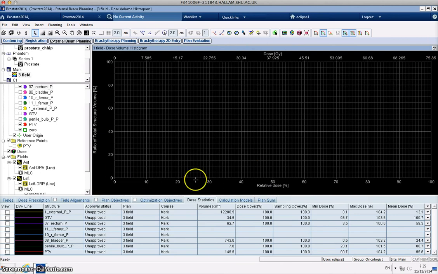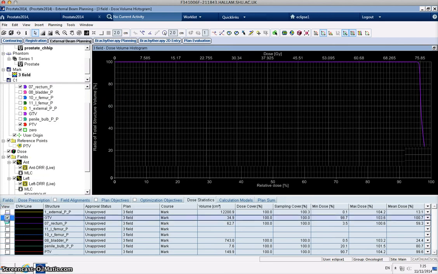We can see the dose on this axis here and here, and then the percentage of the structure on this axis. This and this are exactly the same thing, but one's displayed in absolute dose, one's displayed in percentage dose, and we can see here that 100% is up to our 76 Gy.